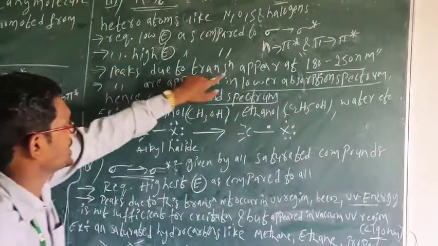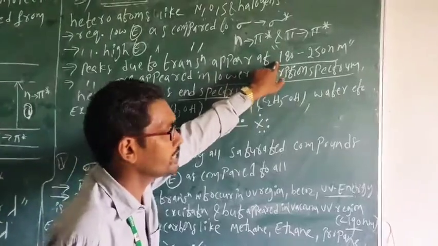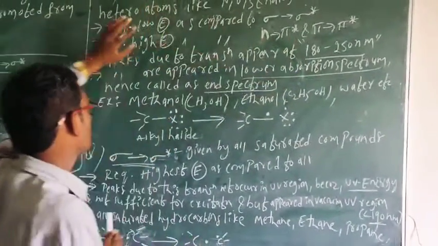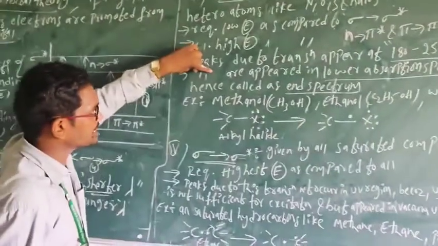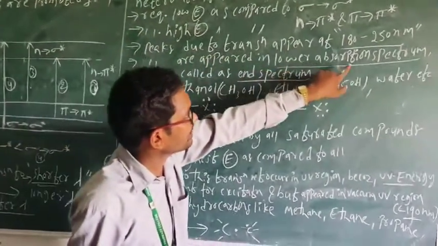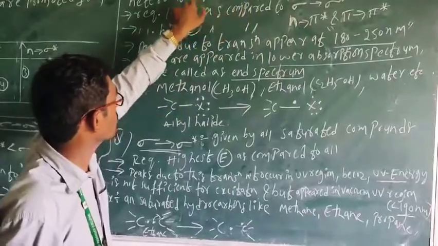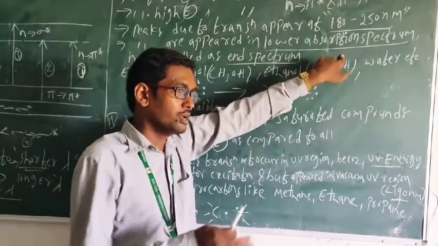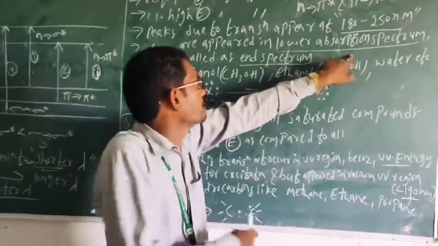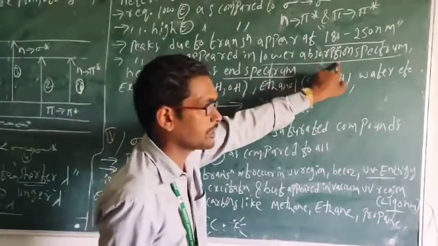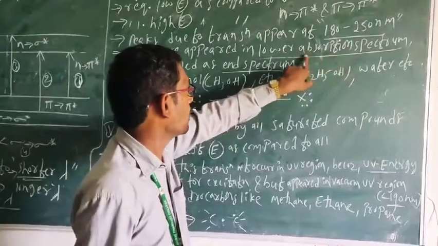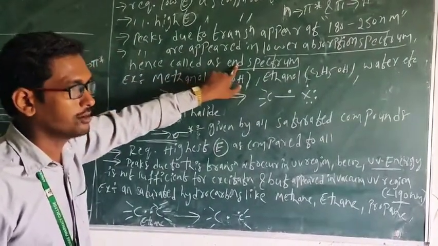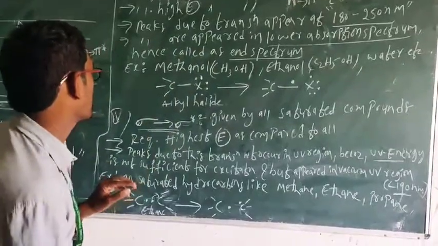Peaks due to this transition appear at 180 to 250 nanometers in general, in the lower absorption region, meaning low wavelength, which means highest energy. Hence it is called the end spectrum.